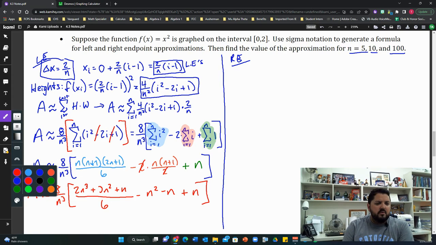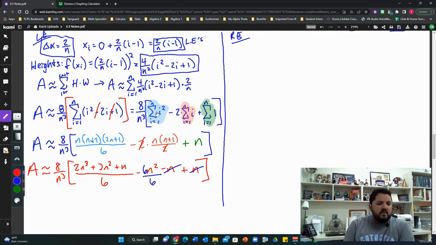Now I need to go through and clean this up. These n's cancel one another out, so I'm left with this fraction minus n squared. I'll turn this into a common denominator, multiplying top and bottom by 6. Now I can combine 3n squared with negative 6n squared. If I scroll down a little bit, we can get to our final answer.